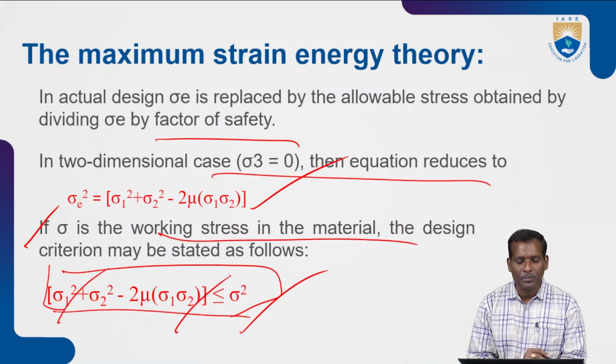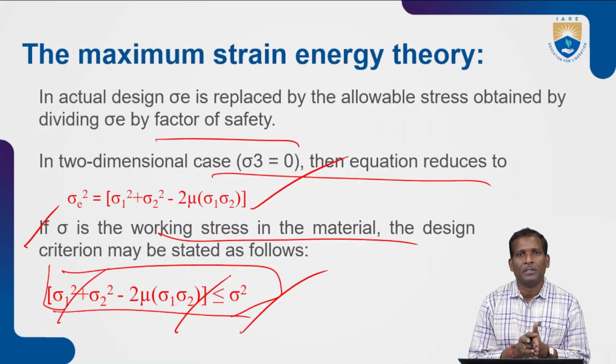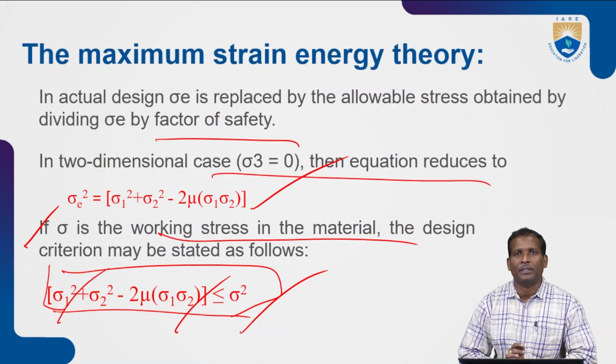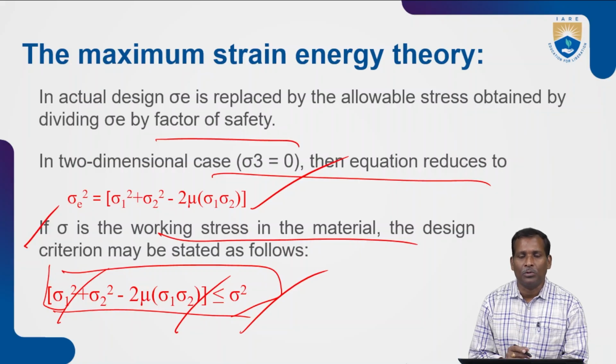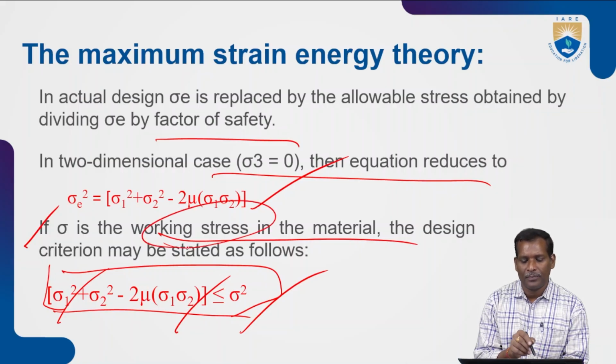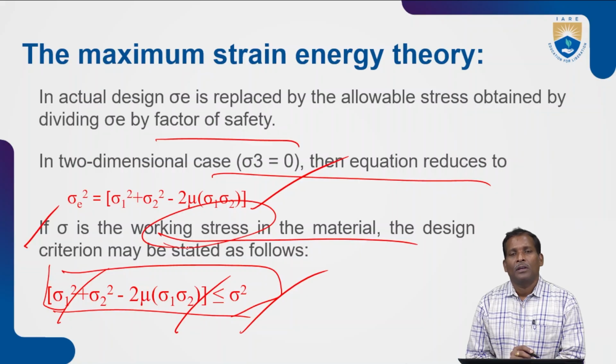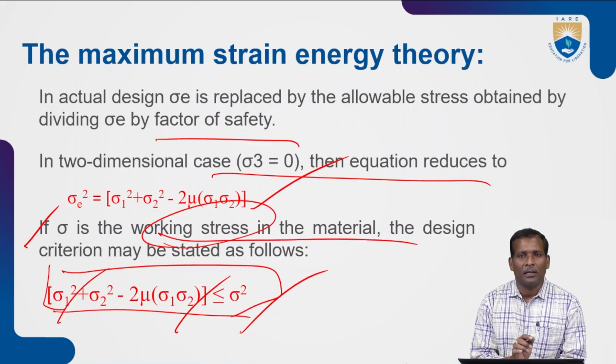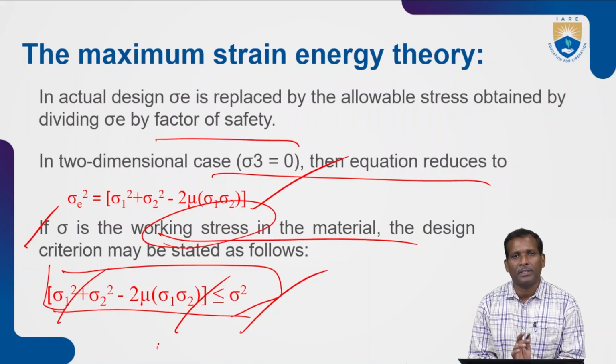These are principal stresses. Always the principal stresses sigma 1, sigma 2 or sigma 3 must be less than or equal to the working stress in the material. So this is the design criteria. Whenever this is greater than the working stress, the component will fail.